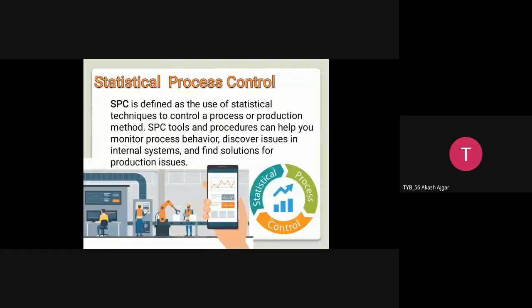So SPC means what? It is a process of monitoring and measuring variability in the performance of a process or a machine through the interpretation of statistical techniques, and it is employed to manage process quality.